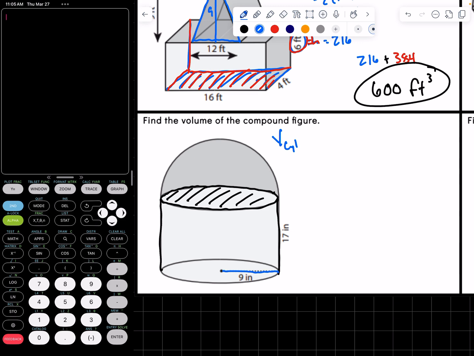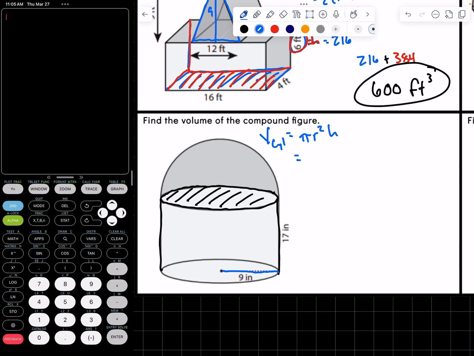Volume of our cylinder. We'll use a brief little abbreviation. Okay, so volume of our cylinder is going to be, again, base times height, but because it's a round base, the area of our base is going to be pi r squared h.